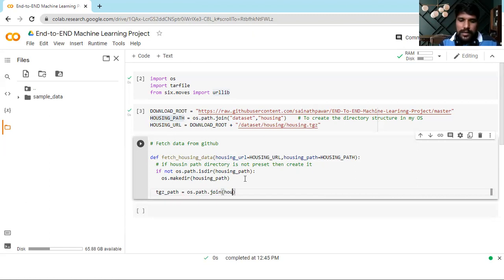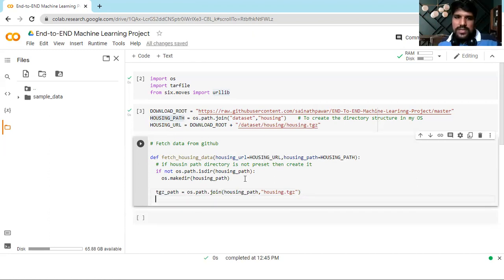Housing path is my directory structure, and below that I want to create the tgz file named housing. I keep the same name just to avoid any confusion; you can give any other name. So in my housing path I'm creating the housing tar file. Okay, now this is done.